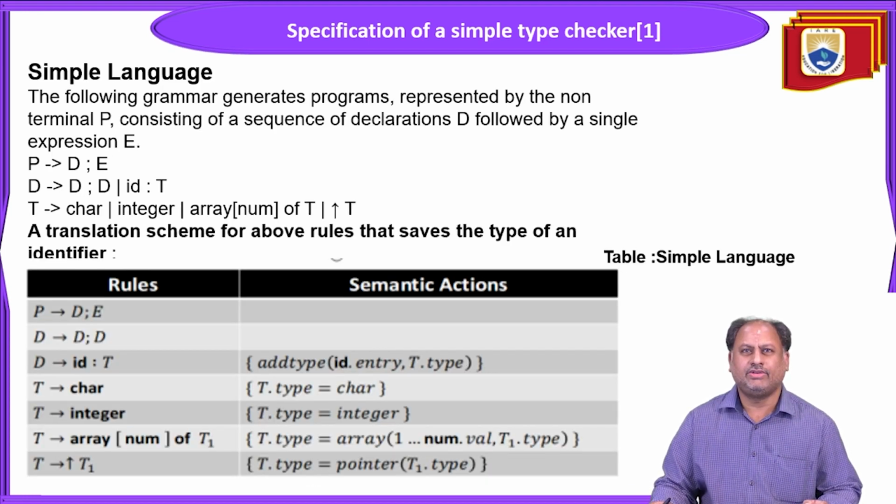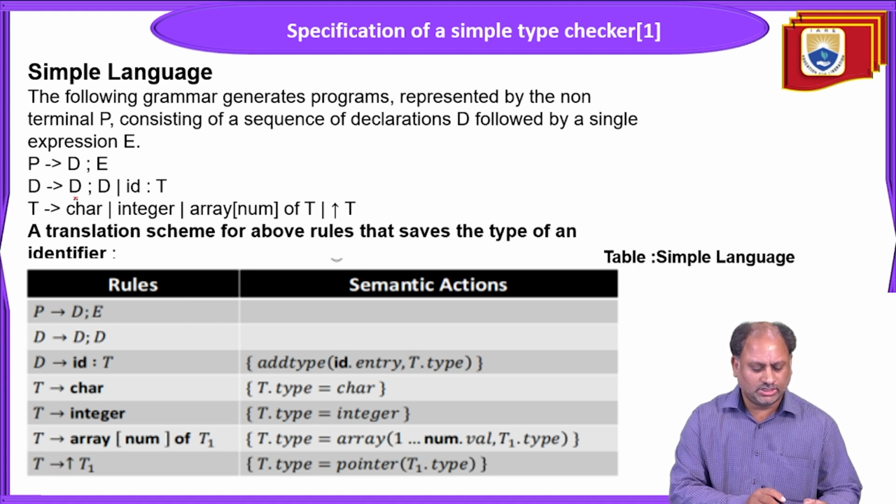We have taken a grammar which generates some programs, and it contains non-terminals such as P for program, D for declarations, and E for expressions. Suppose P derives D followed by E, and D derives a declaration.